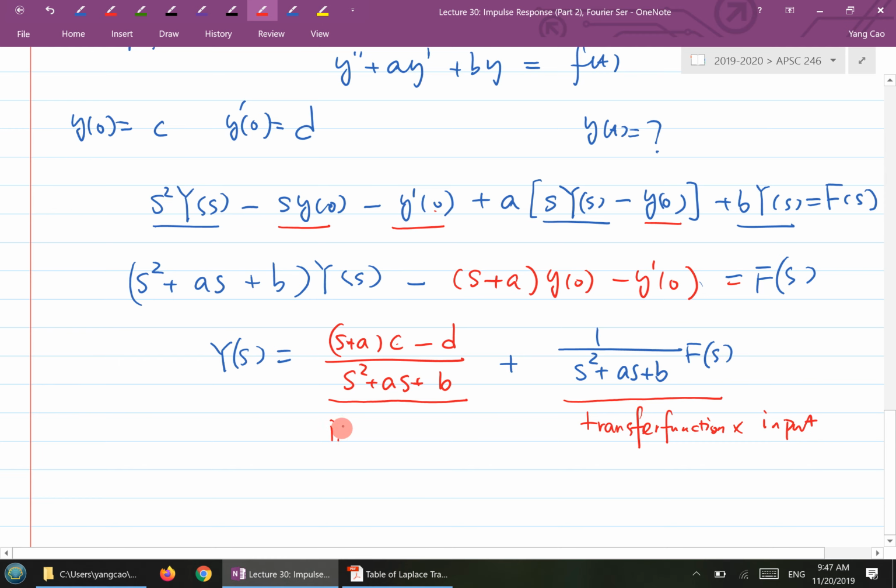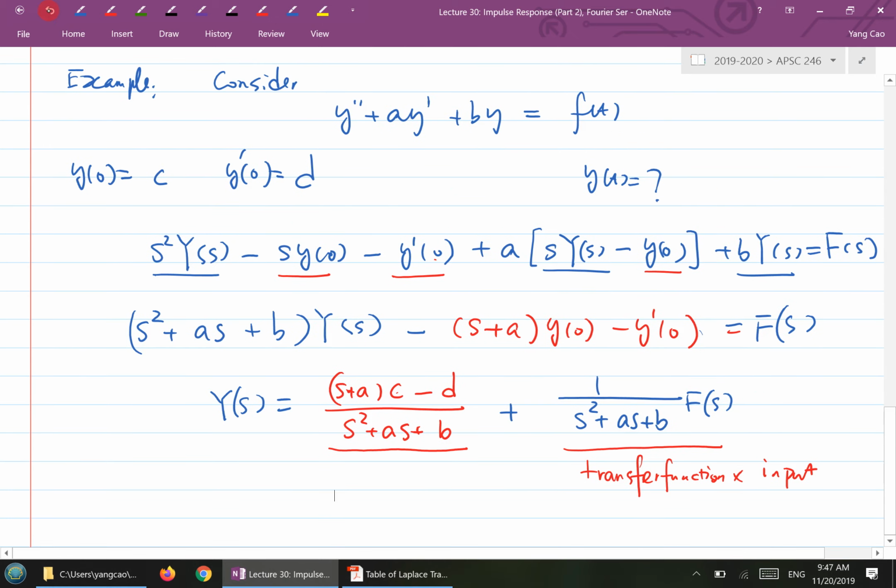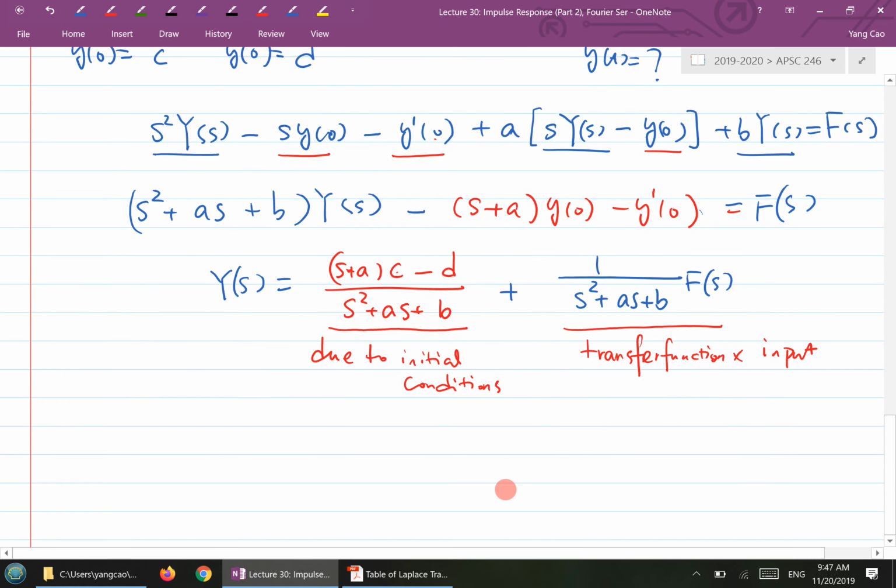This is essentially due to the initial conditions.